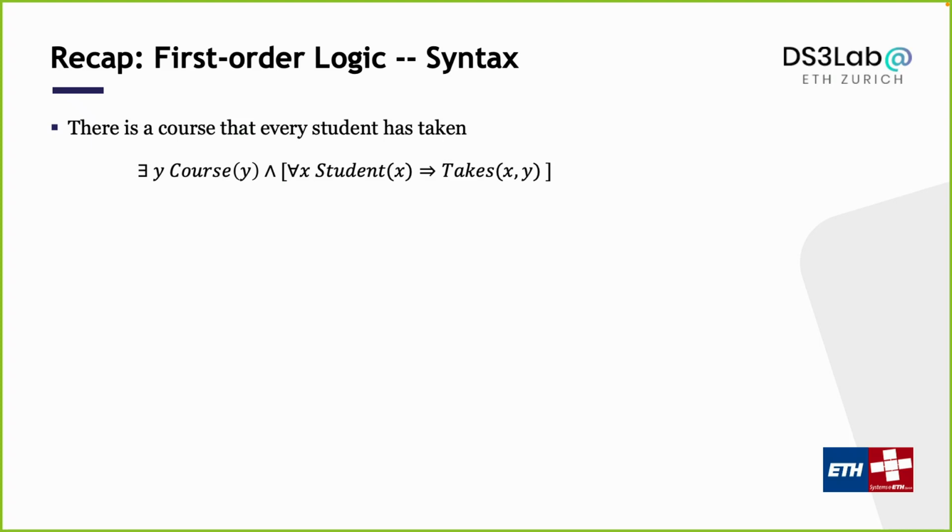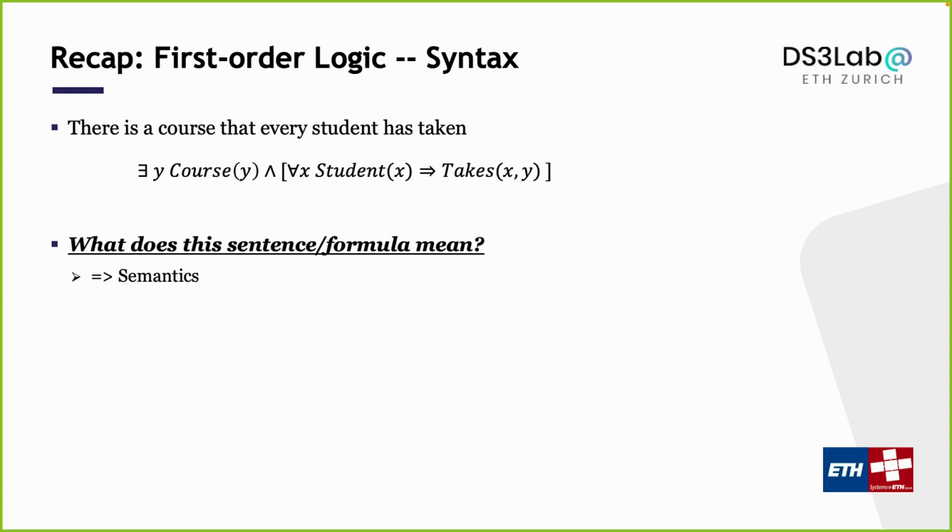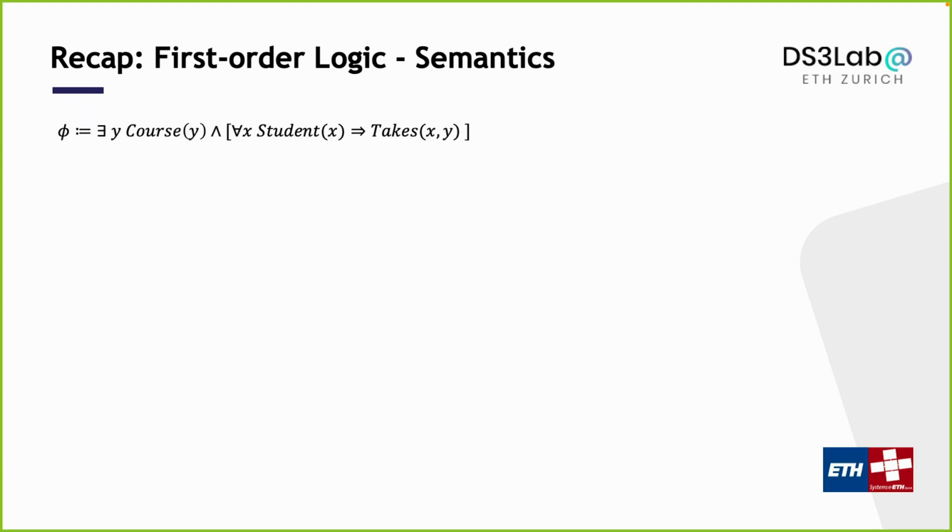This is a precise logical expression of that natural language statement. But what does it even mean? You write down that expression, what does it even mean? To answer that question, we need to go to the semantics, and that becomes pretty interesting. So assuming you have this logical formula: there exists a course that all students take.